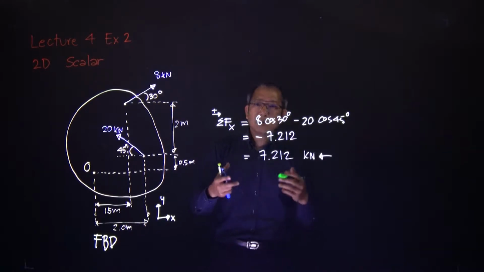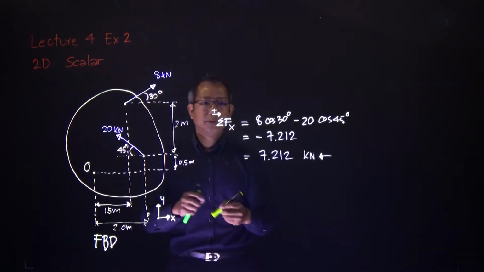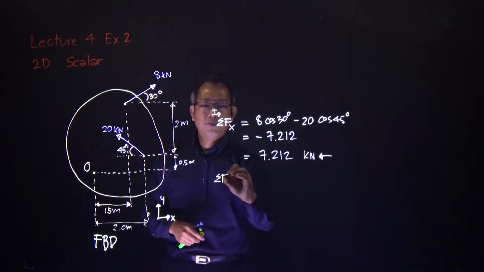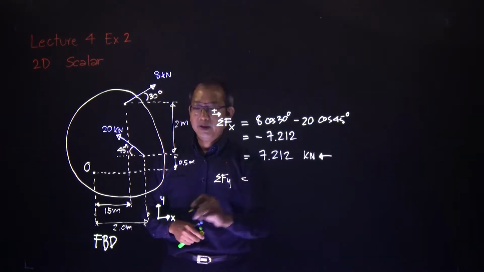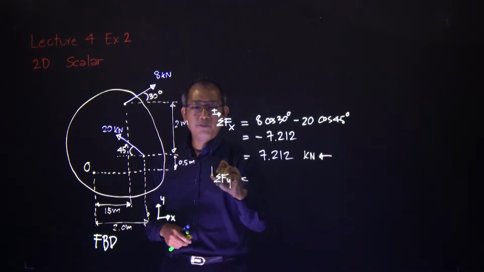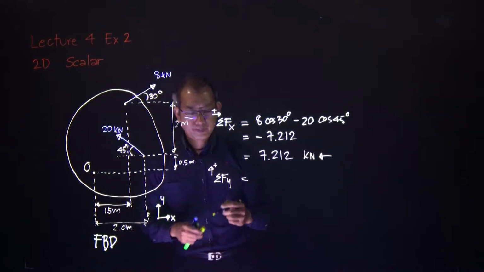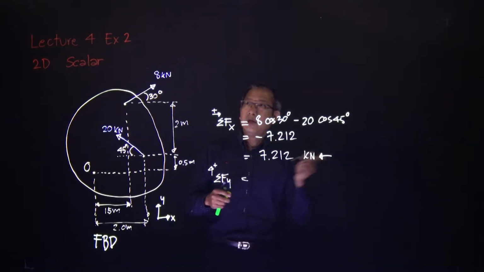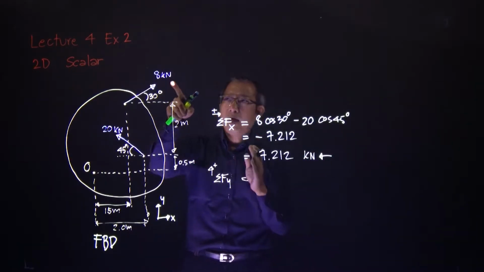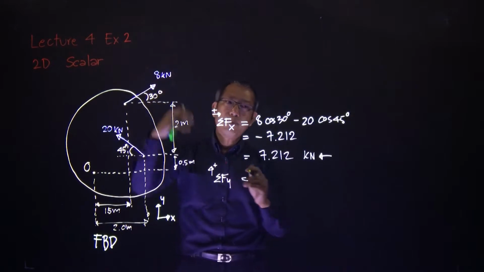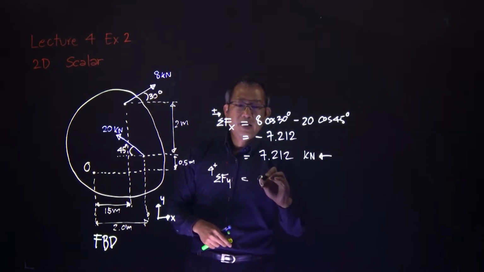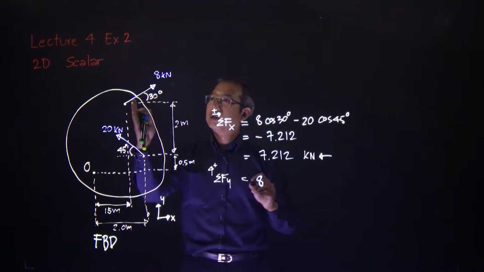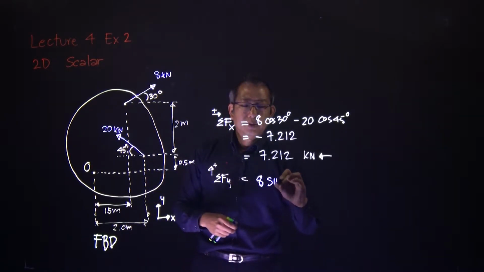Next is of course sigma Fy. Sigma Fy, in this case upward, let's call upward positive here. Now the first one here is the 8 kilonewton. 8 kilonewton, if you see, is going up, therefore positive 8 sine 30 degree.